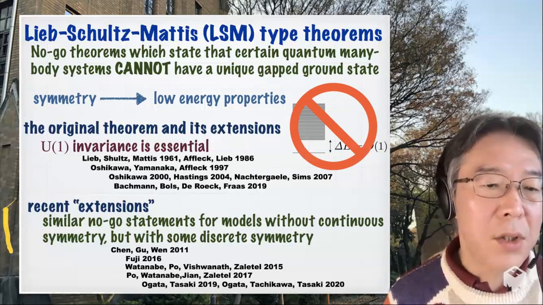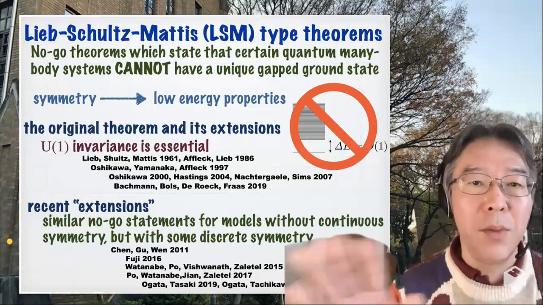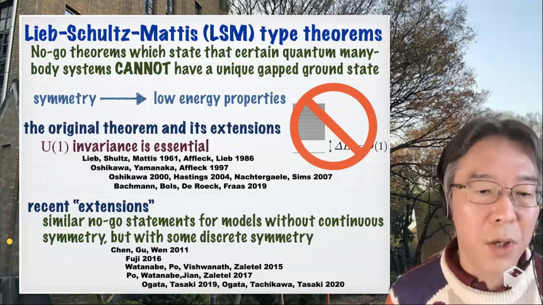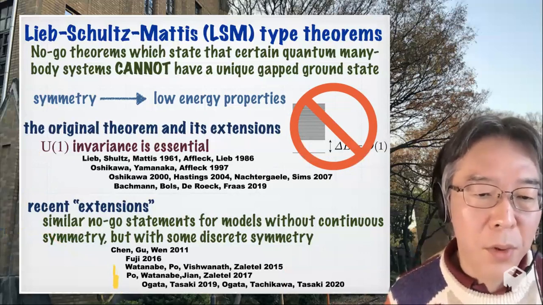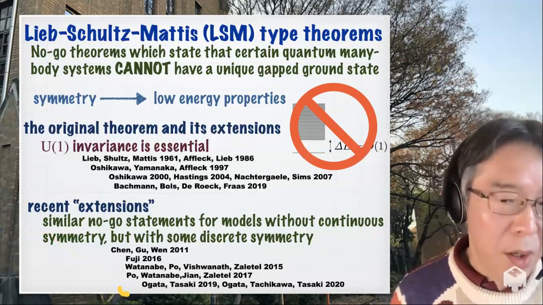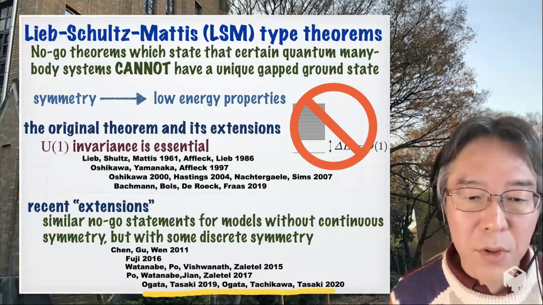These new extensions are in a sense related to the field of topological condensed matter physics, and were naturally initiated by Chen, Gu and Wen, and further developed by these people, including Haruki Watanabe. And we did rigorous versions recently.